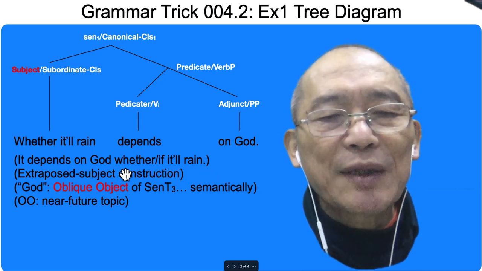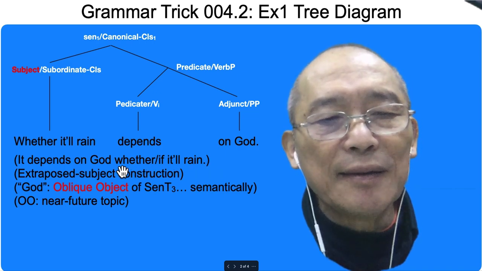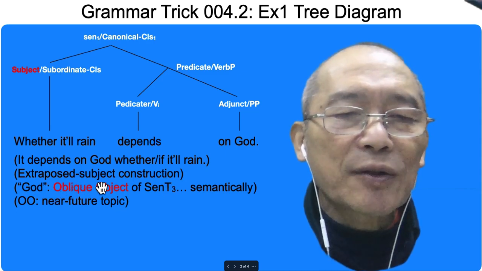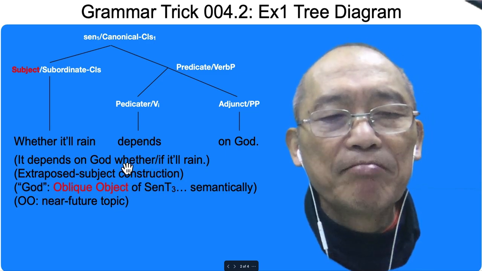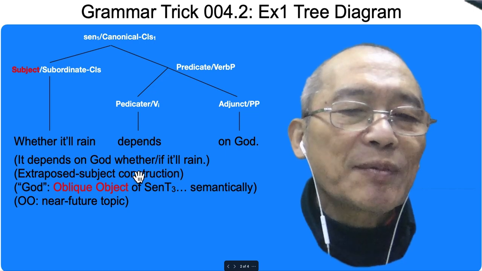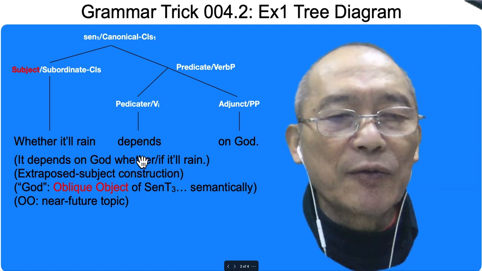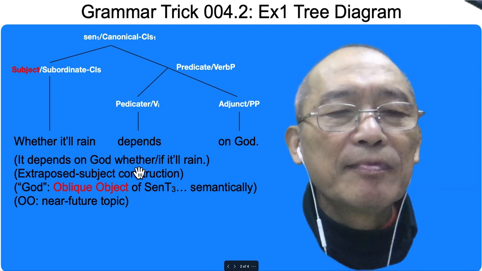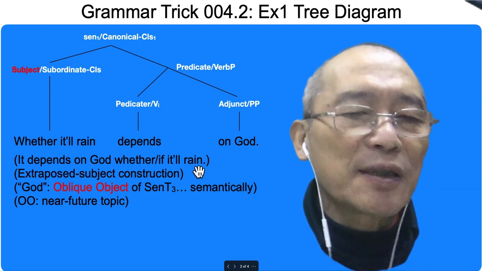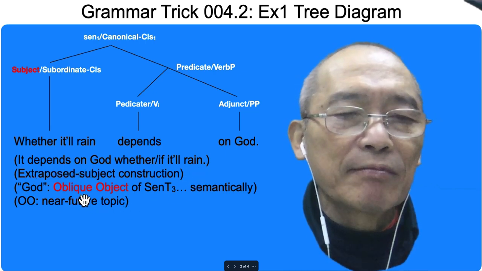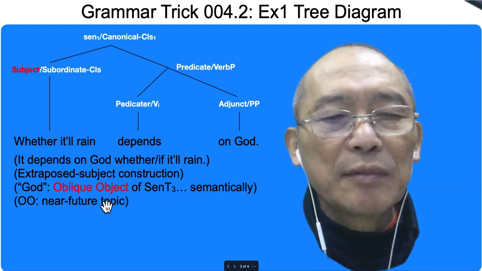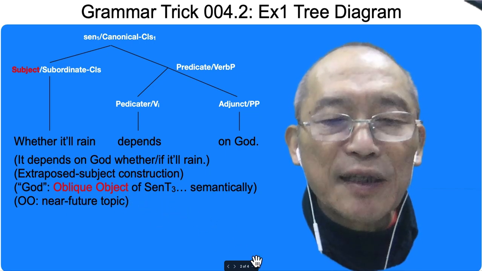We put the subject at the end of the sentence. And this is using the extraposed subject construction because the subject is very heavy, so we put it at the end. And this type of construction is much more common. And we will talk about oblique object in the near future.